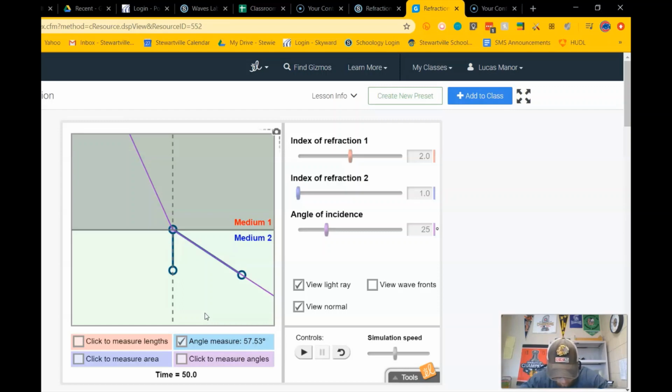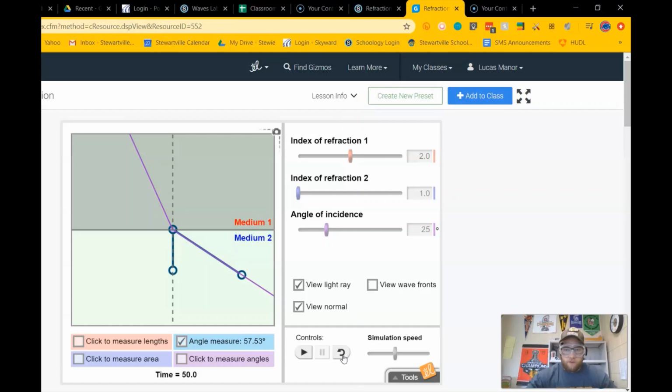So our angle of refraction for our second one is 58 degrees. We're going to do 58 minus 25 to get our change in direction. 58 minus 25, we get a change in direction of 33 degrees.